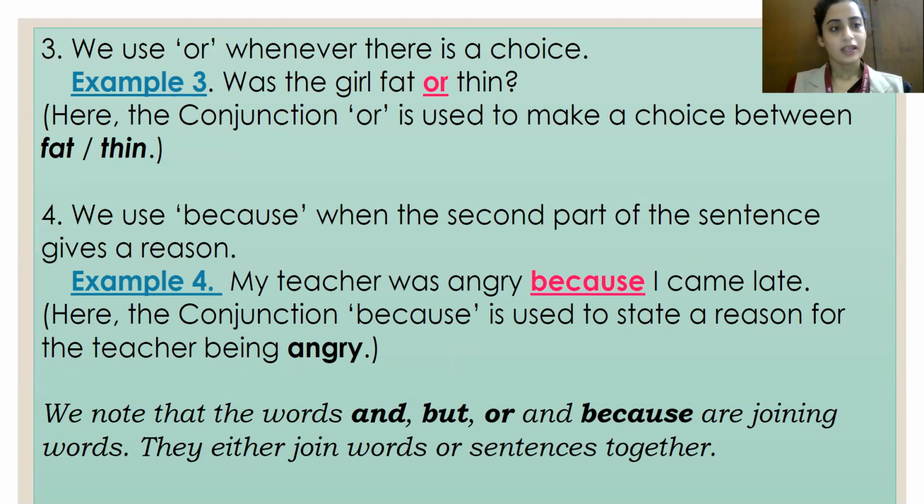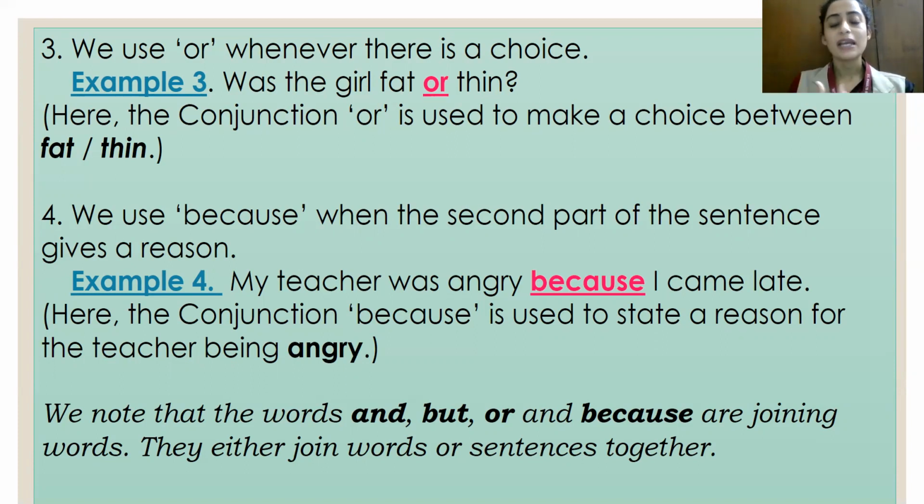Then we come to the fourth example, the fourth use. We use because when the second part of the sentence gives a reason. After you use this conjunction because, the second part of the sentence gives the reason.